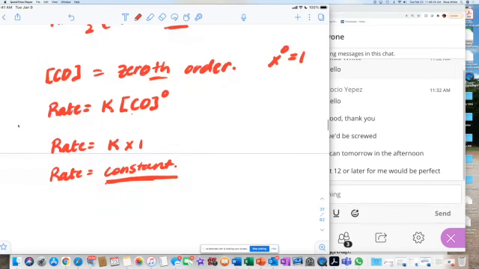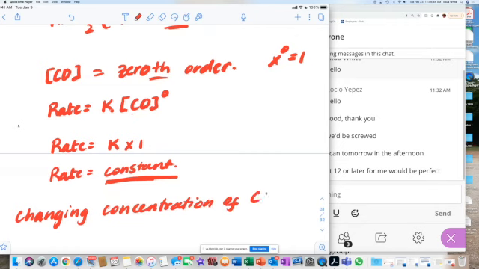It will not change. So changing the concentration of CO will not change the rate.